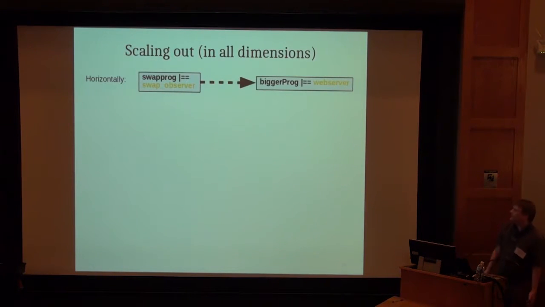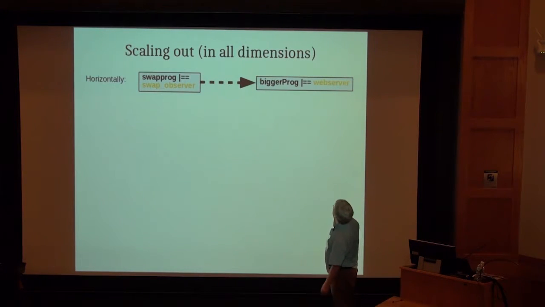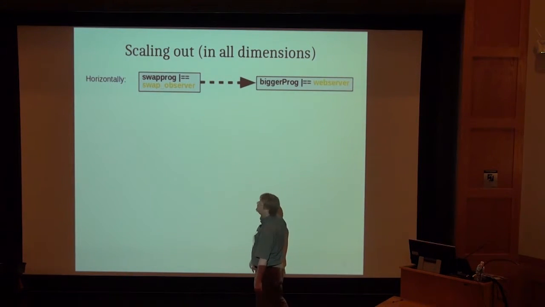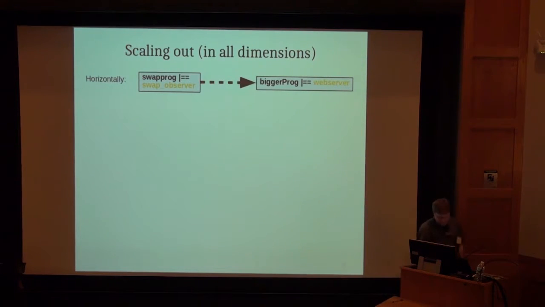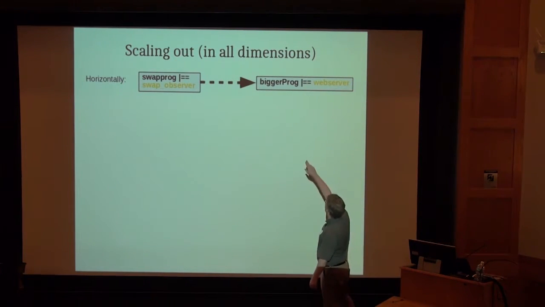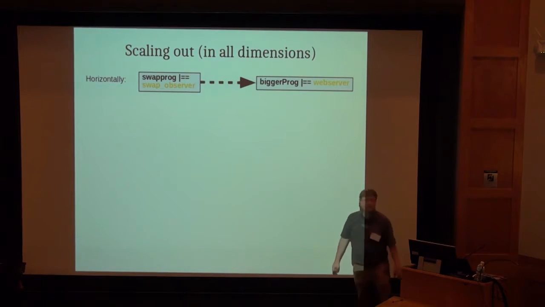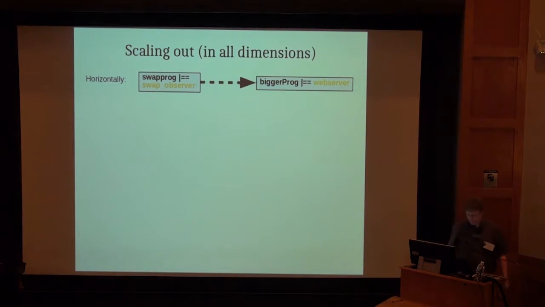So what do we need to do in the next 2 years or so? Now clearly the swap observer doesn't have quite the features that we expect from an actual web server, no matter whether it's in a router or actually connected to user interactions. So clearly we need to scale things to bigger programs and bigger proofs and bigger specs.